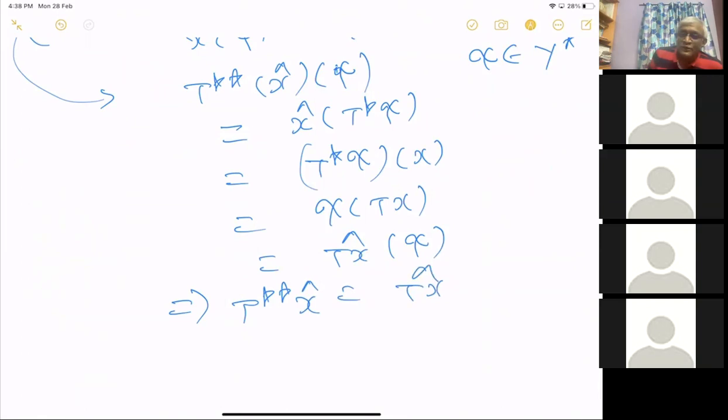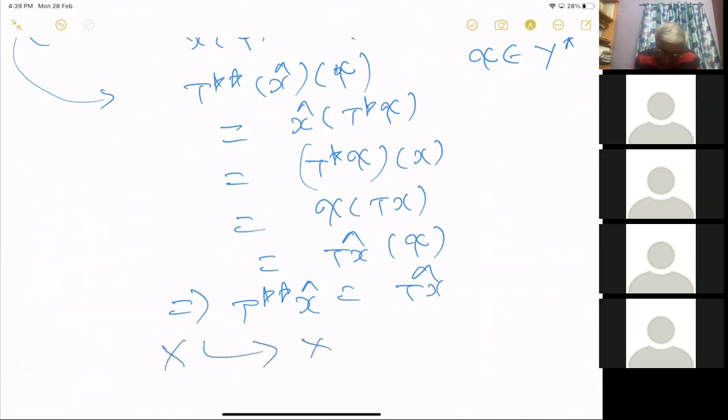So this means T double star coincides with T on the subspace.